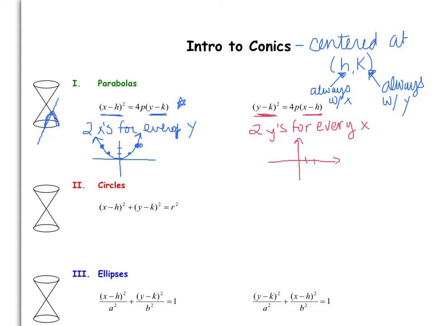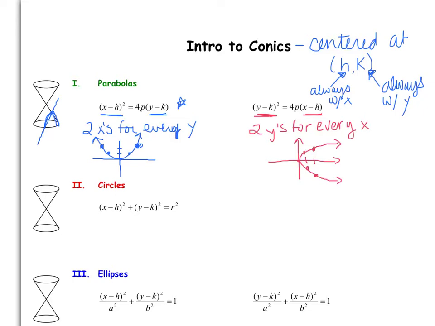So if I have 2 on the x-axis, it's going to have 2 y values, maybe one up here and maybe one below it. The 1, maybe up and below. Again, if it's centered at the origin, it's going to look like this. So whenever you have 2 y's for every x, it's a parabola that opens left or right.